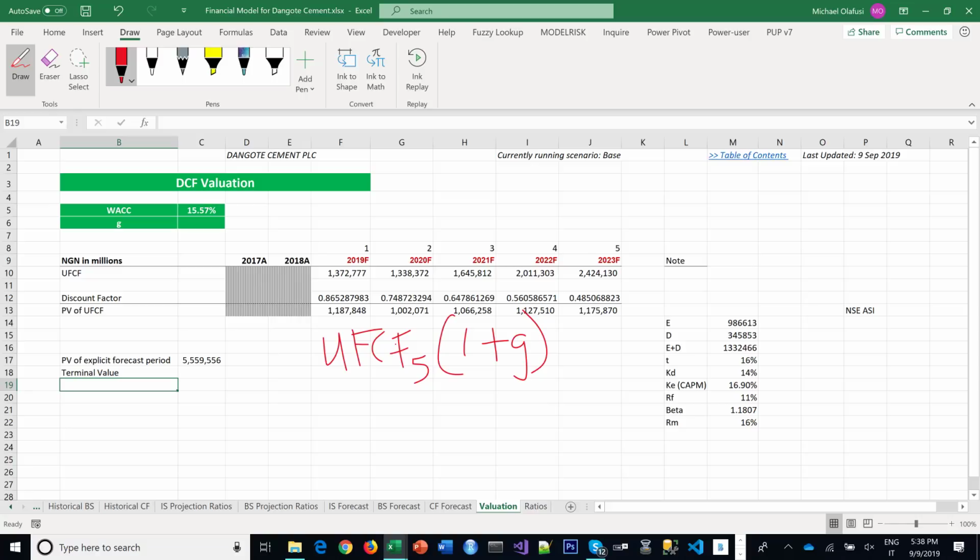Okay, so now when you have money that keeps coming like this into the future, you use perpetuity to value all of that money.